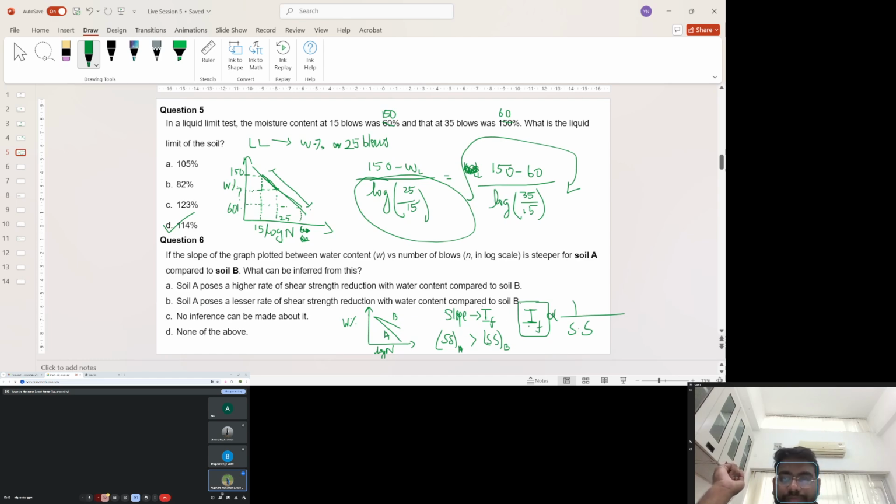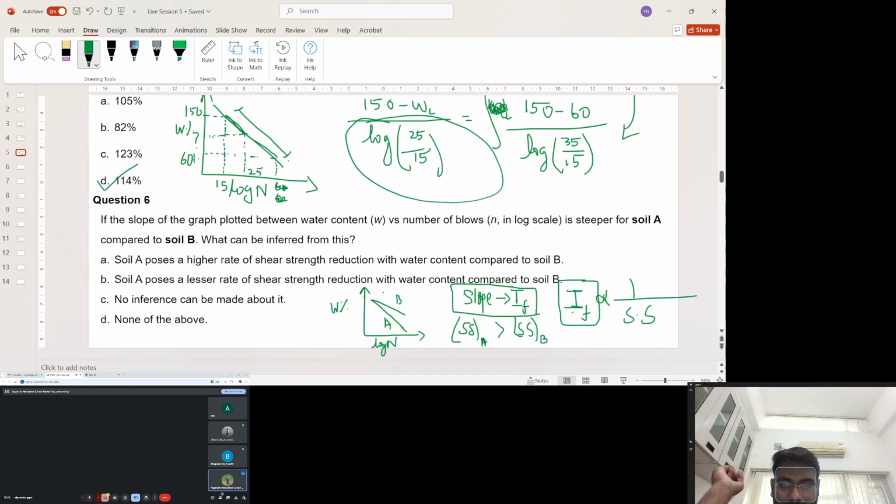So now what they are mentioning is the rate of shear strength reduction itself, which cannot be found out from the value of flow index. The slope of this curve gives the flow index, and it cannot be directly compared, but if you consider it from a common point of view, let me just zoom in.